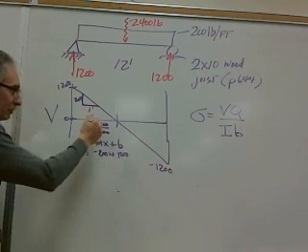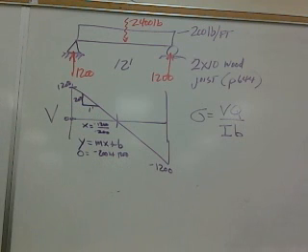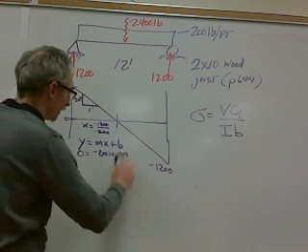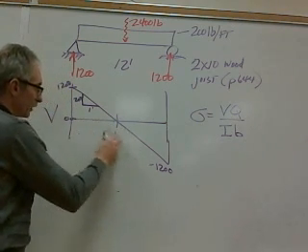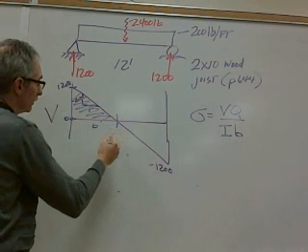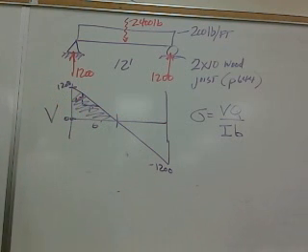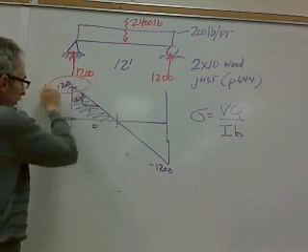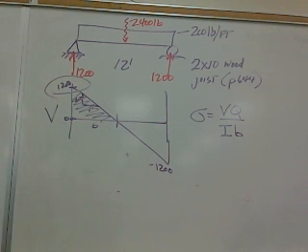It actually becomes negative 1,200 over negative 200 as you bring it over, but that's neither here nor there. So 6 feet out, you're right. Anyway, the area here would be useful when I'm doing my moment diagram, but I don't need my moment diagram right now. So based on the shear diagram, the 1,200 pounds is my maximum shear, right?